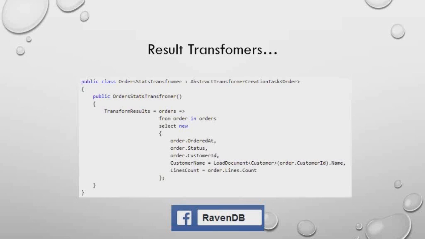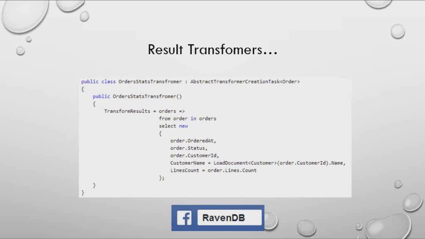The problem with result transformers attached to the index was that you only had the ability to choose to use that result transformer or not. And if you wanted to change it, since it was attached to the index, you had to re-index everything.